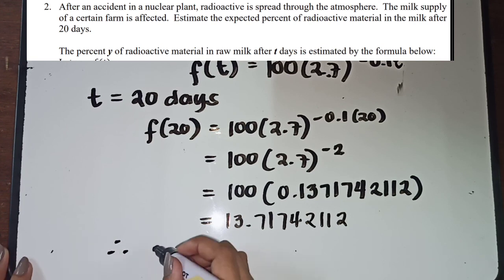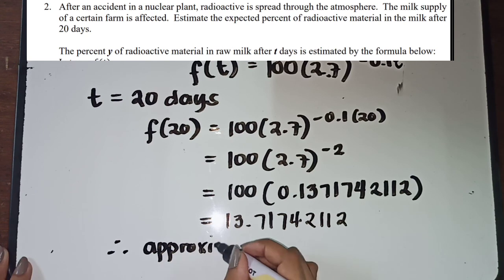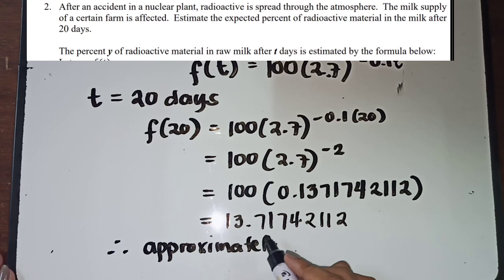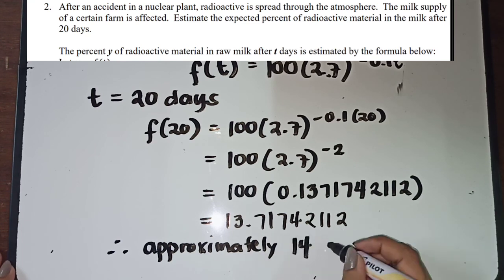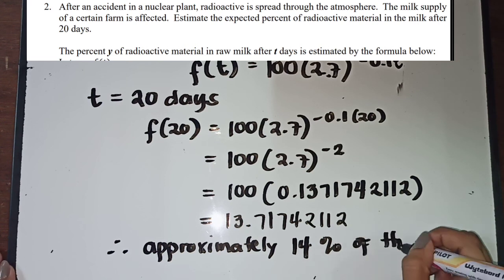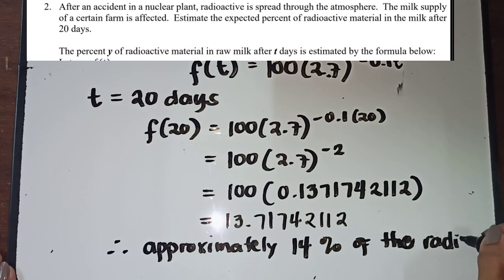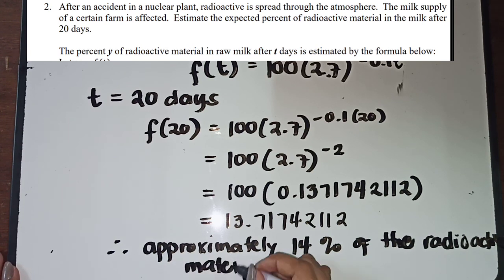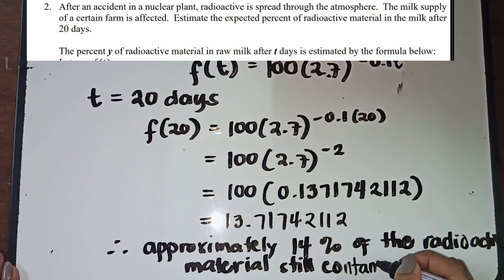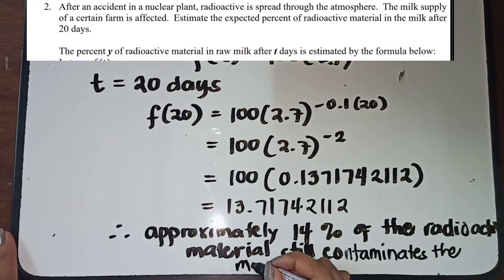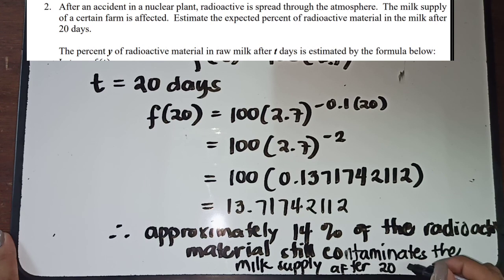So therefore, approximately 13.71 is approximately equal to 14% of the radioactive material still contaminates the milk supply after 20 days.